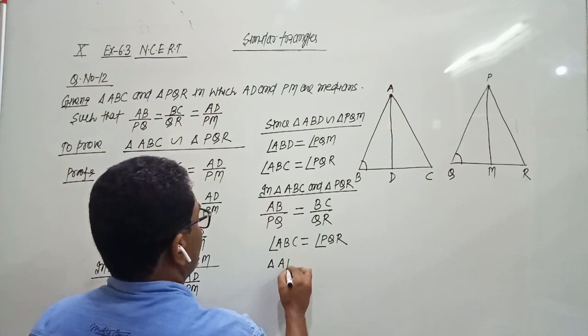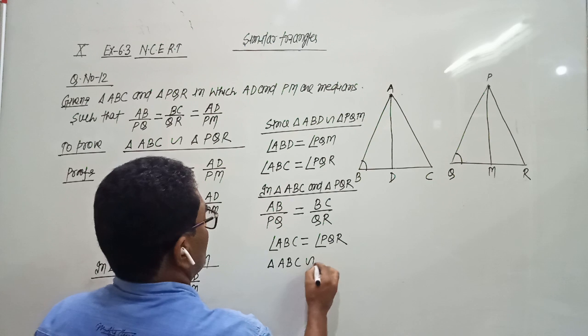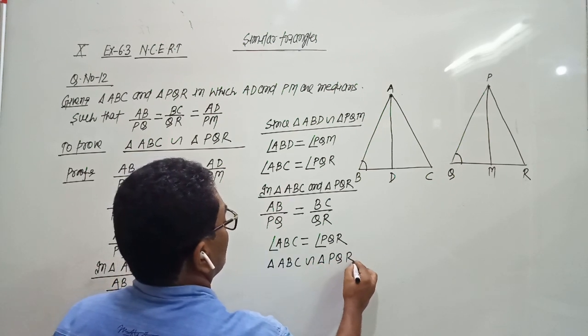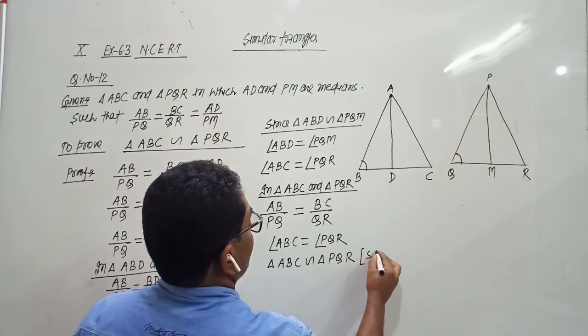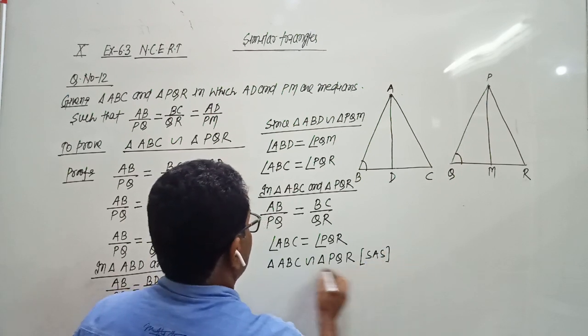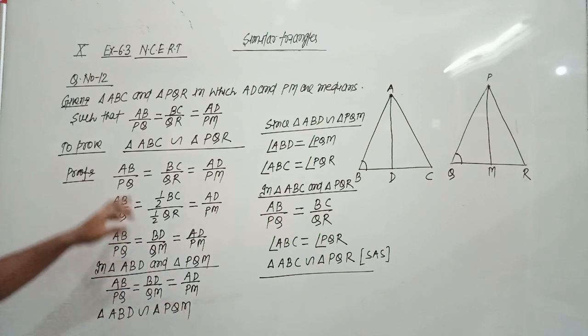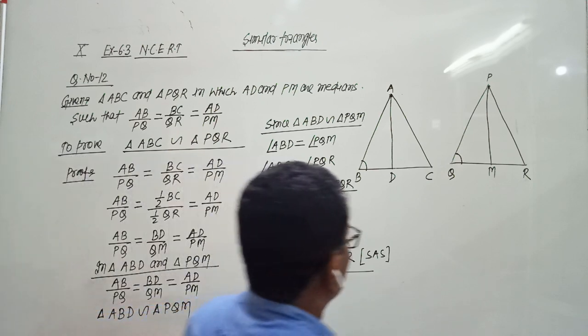So triangle ABC is similar to triangle PQR by SAS similarity criterion.